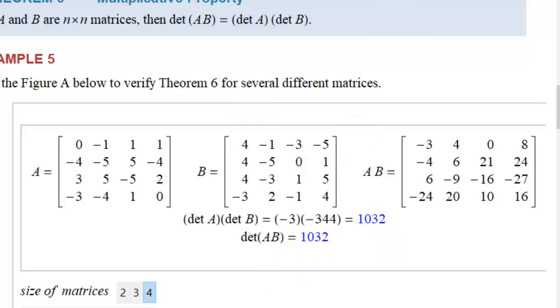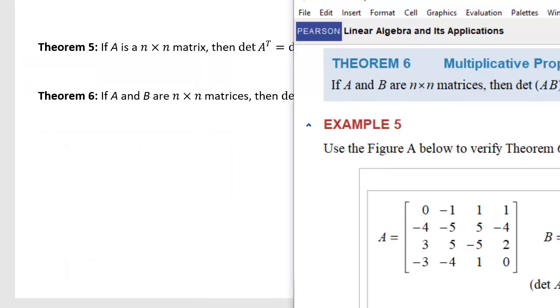So the multiplicative property will hold for matrices, or there's a special multiplicative property for matrices. Now, how is that helpful?